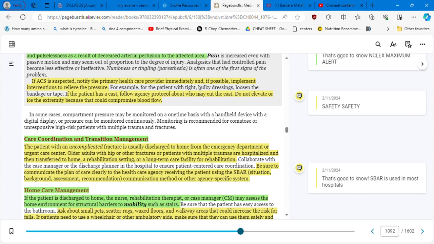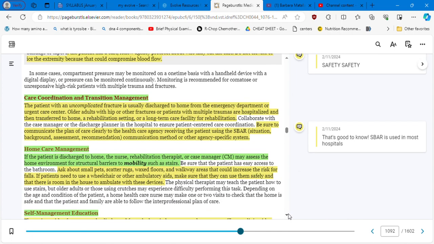It's not that the nurse decides, okay, I see signs and symptoms of compartment syndrome, let me get the scissors and cut the cast. That's not the way it works. You need to find the agency protocol about who is authorized to cut the cast. Do not elevate or ice the extremity because that could compromise blood flow.